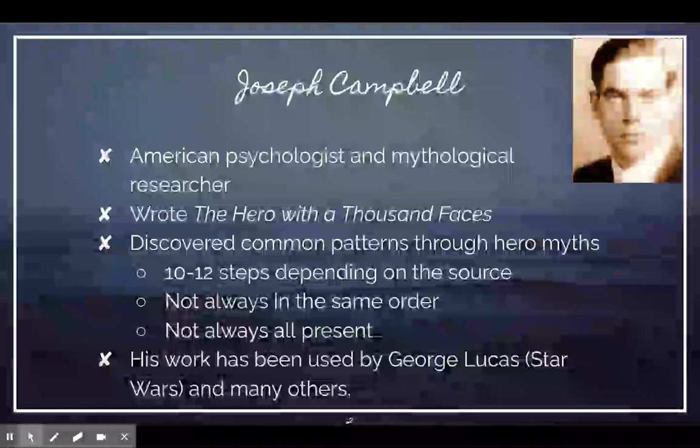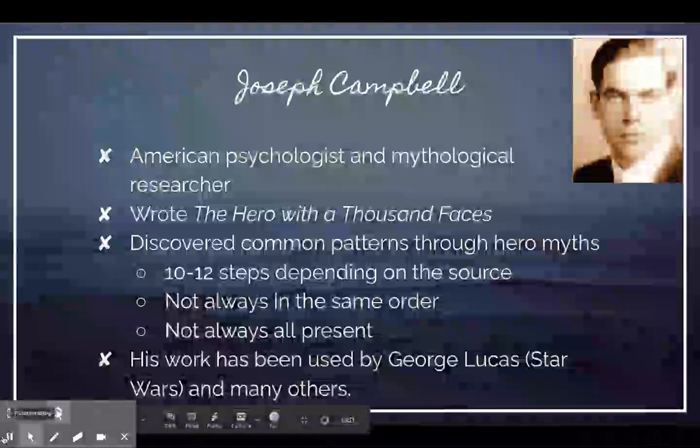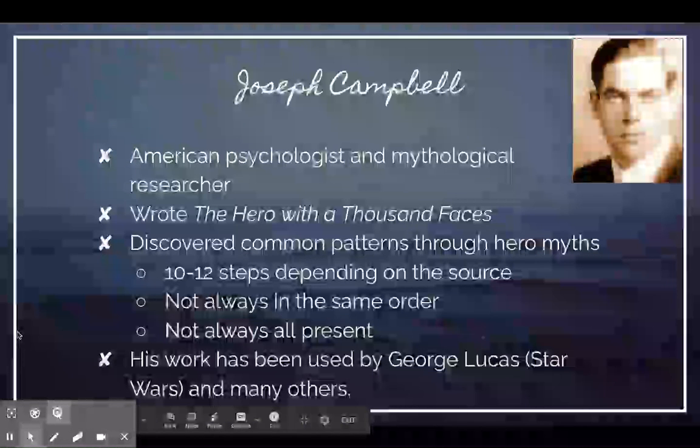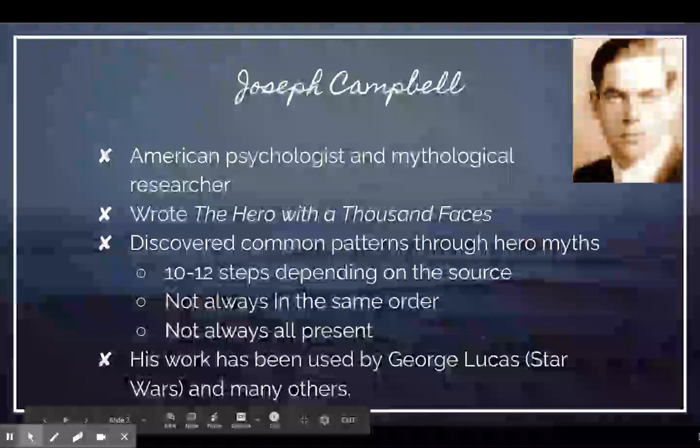His work has influenced people like George Lucas, who made the Star Wars movies, as well as many other people as they have created their own movies, films, books, etc. So Joseph Campbell is really the first person who came up with all of this information.